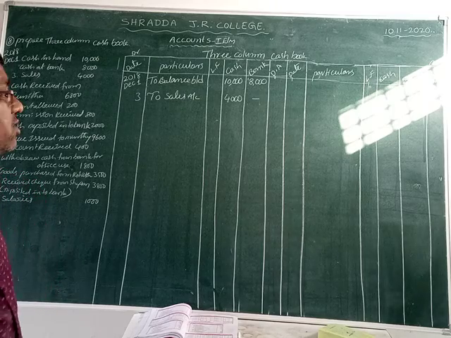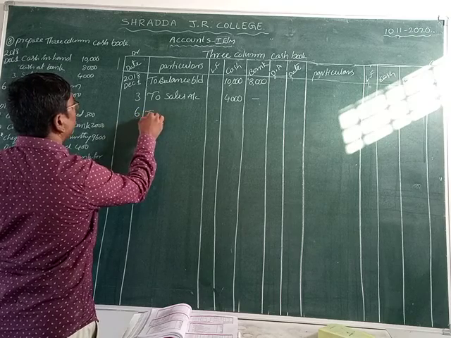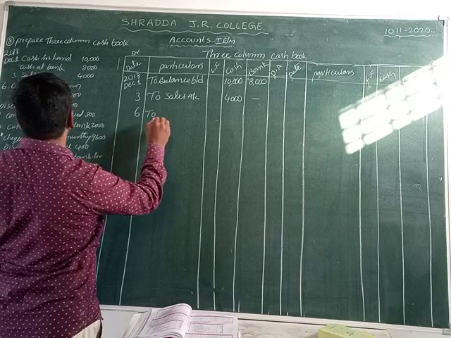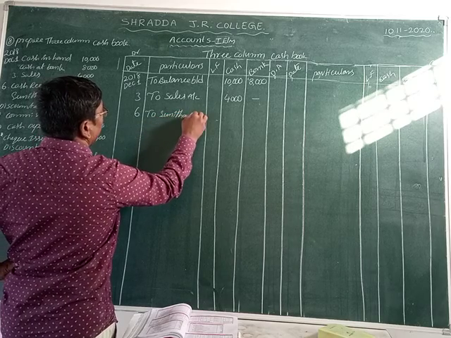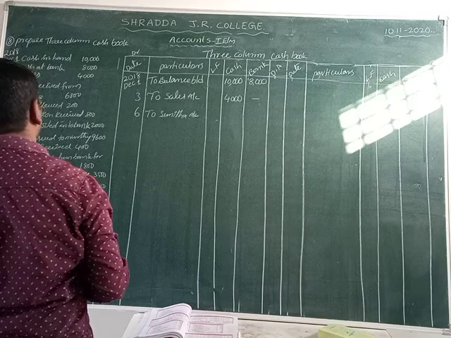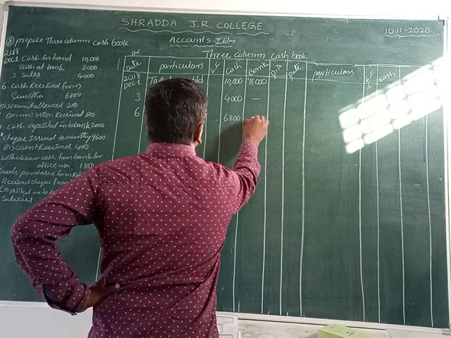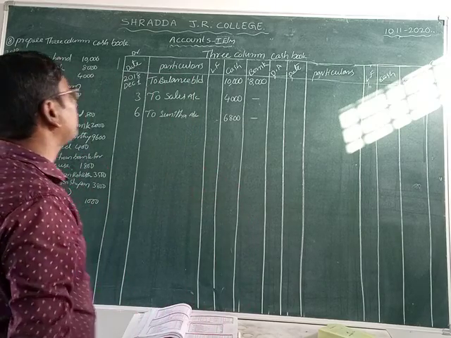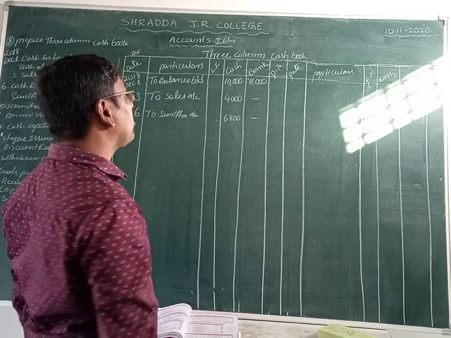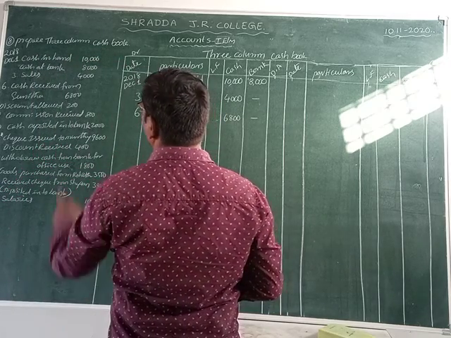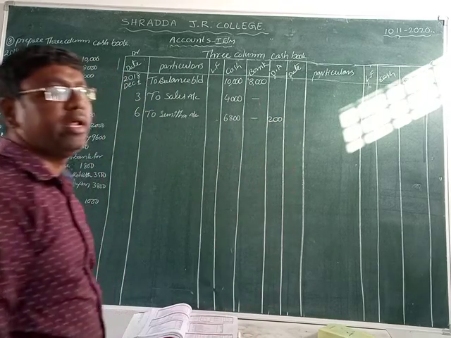Okay? 6th date, to Sunita account. The amount in cash is 6,800. Now the discount allowed is given. DA means what? Discount allowed. The discount allowed amount is 200 rupees on the same date.